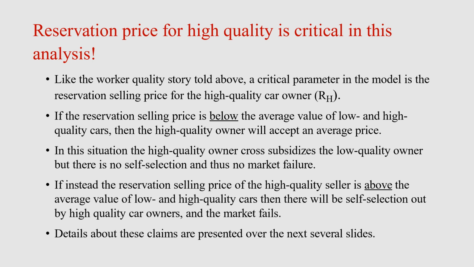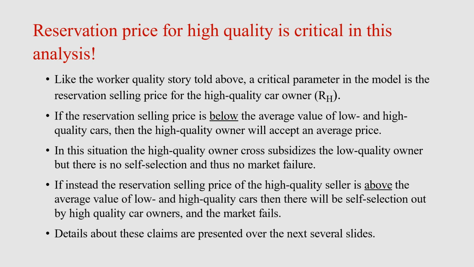So the reservation price, that RH for high quality, is critical in this analysis. Like the worker quality story told above, a critical parameter in the model is the reservation selling price for the high quality car owner. If the reservation selling price is below the average value of low and high quality cars, so the average between $8,000 and $4,000, so $6,000, then the high quality owner will accept an average price.